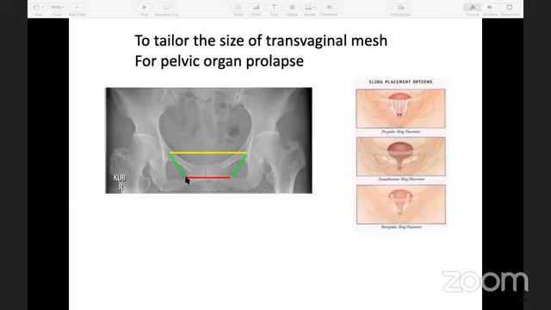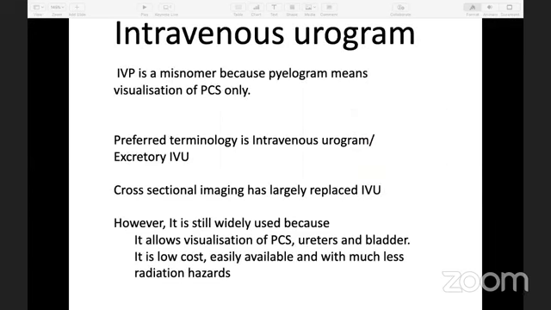Some workers have used X-ray KUB to exactly tailor the size of transvaginal mesh for treating pelvic organ prolapse. The preferred terminology is intravenous urogram or excretory urogram.